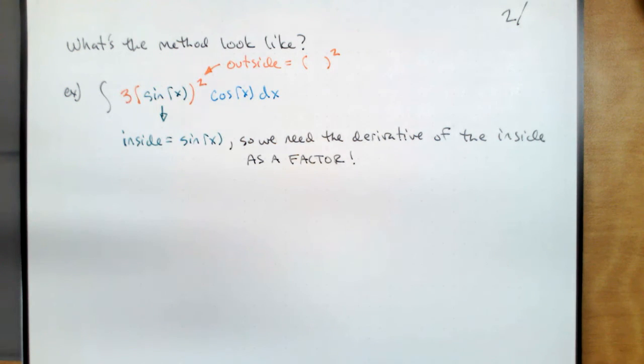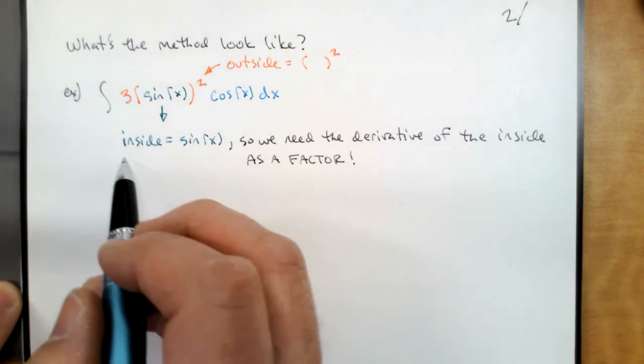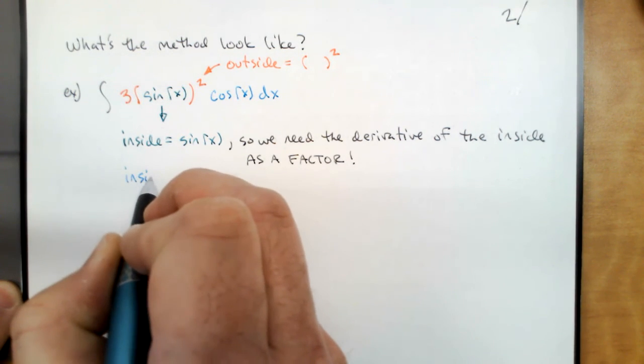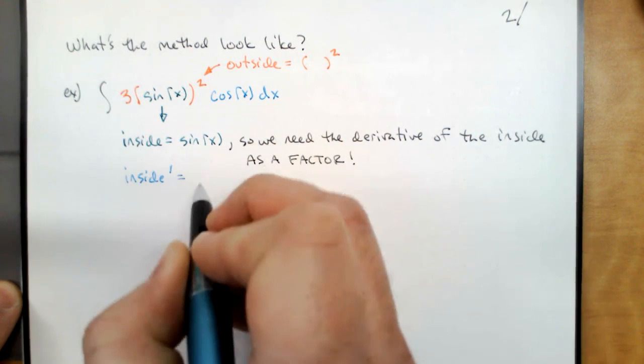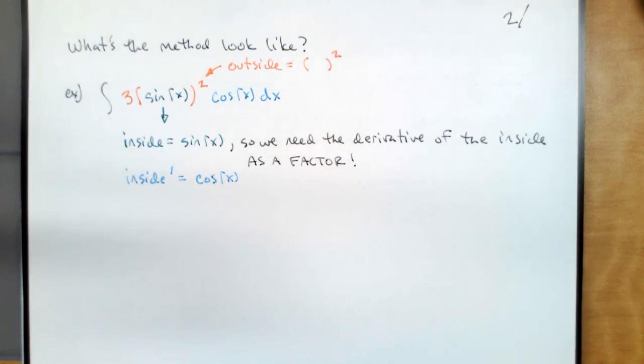Once I say that the inside is sine x, I need to look for the derivative of the inside. So before I even go looking for this cosine x, I'm thinking if I want to say the inside is sine x, then the derivative of the inside is cosine x. And so I look back at my integral and say, do I have a factor of cosine x to be the derivative of the inside? And here the answer is yes. So we look back and say, have I got this? Yes. So we're good to go.